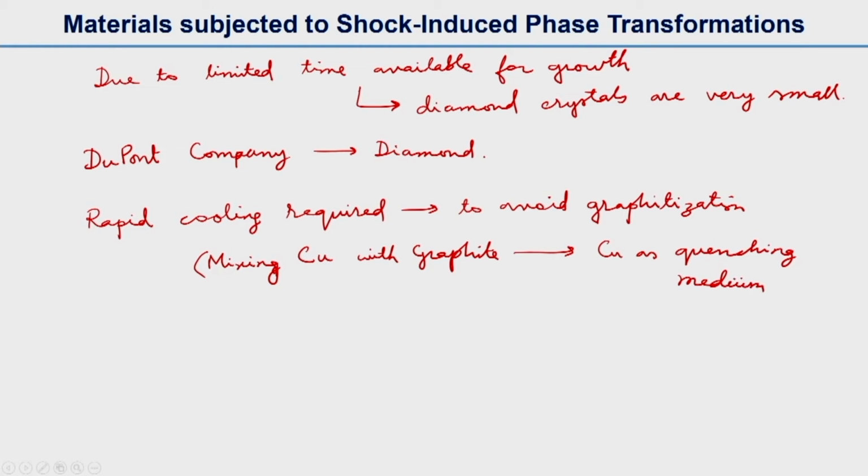And this graphite to diamond transformation is a martensitic transformation.